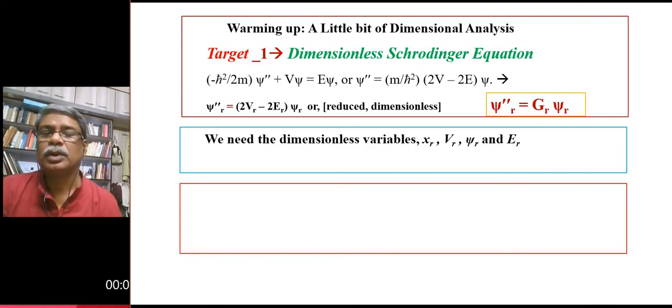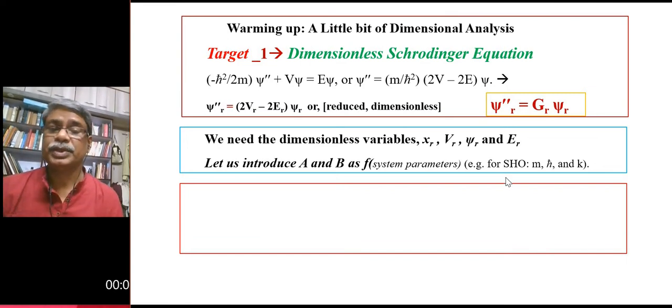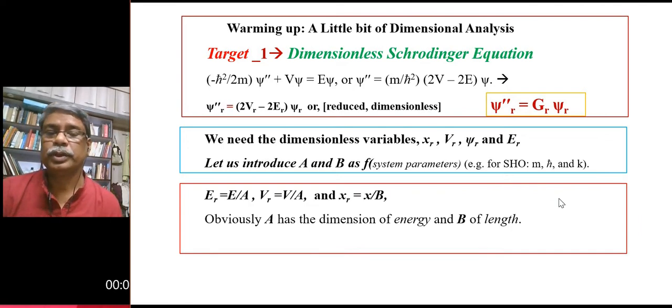So for that purpose, we got 4 reduced variables as they arise in this equation, namely XR, VR, psi R, and ER. How did we do that? Simply by using 2 new parameters A and B. Of course, they are functions of the system parameters. For example, in the simple harmonic oscillator case, the system parameters were M, h bar, and force constant K. So how did we get all these reduced variables using A and B?